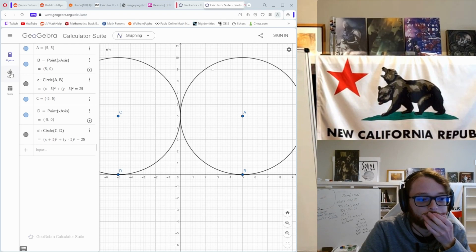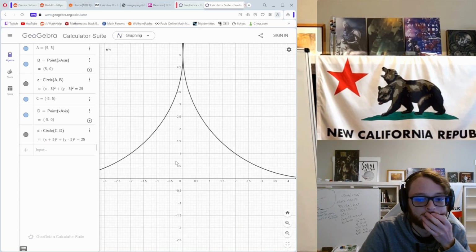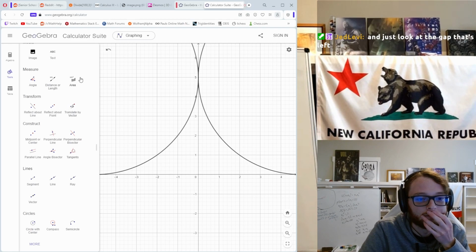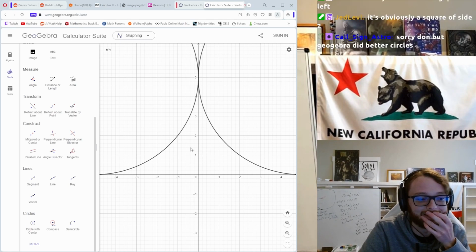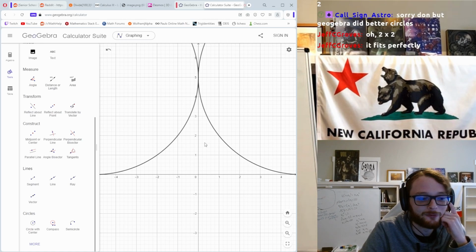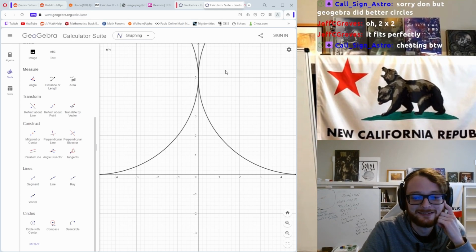And then you have to just look at the gap that's left. Oh, yeah, you can literally just look at it like that. GeoGebra did better circles? What? I thought mine were perfect. Okay, that wasn't too bad to draw. Okay. It's cheating. Yeah. Sue me.